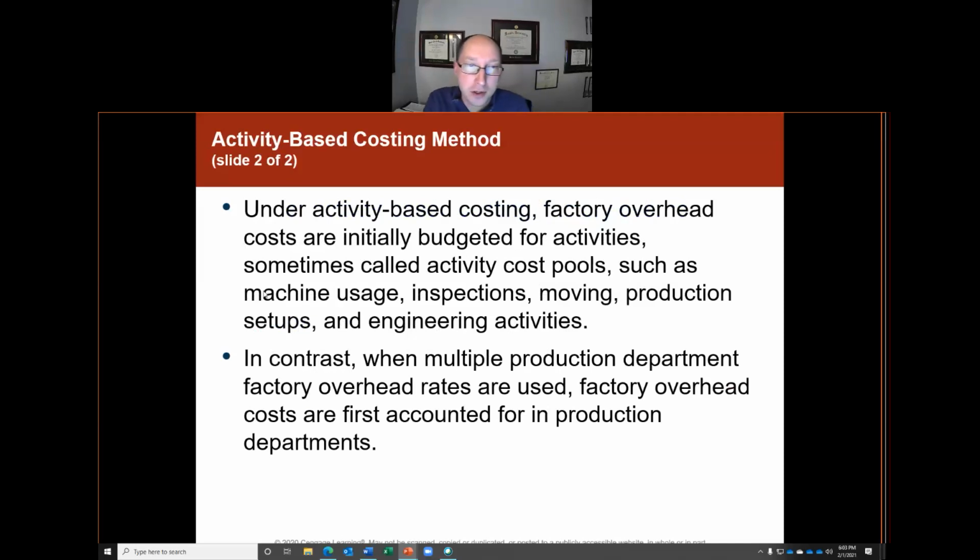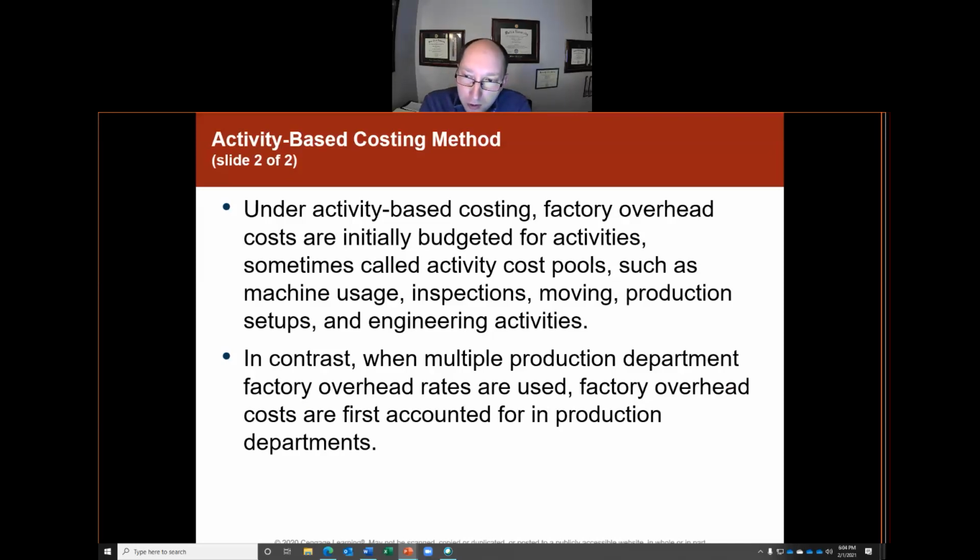So activity-based costing. We utilize activity-based costing primarily in the budgeting process. It helps us to allocate activities into what we call activity cost pools. When you hear the word pool, don't think swimming pool. That's not the pool.